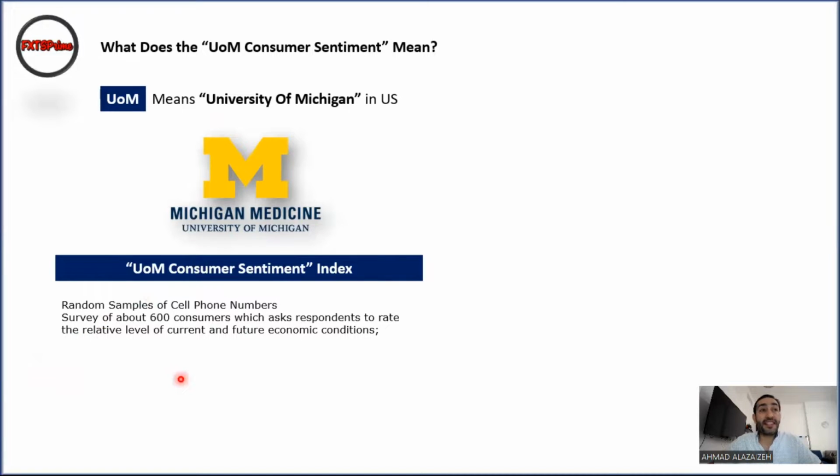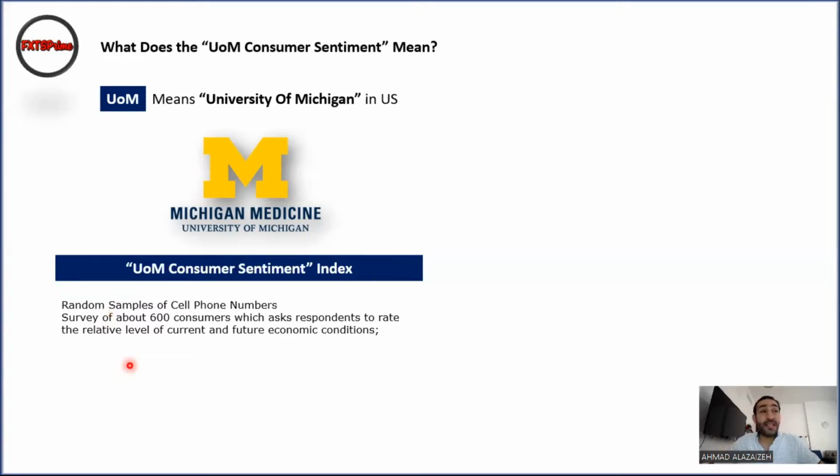Basically it's a survey of a random sample of cell phone numbers. A group of people in the university sample a few cell phone numbers and call them on the phone.